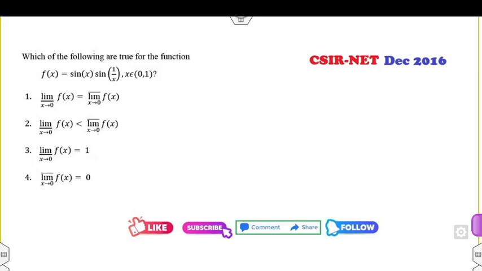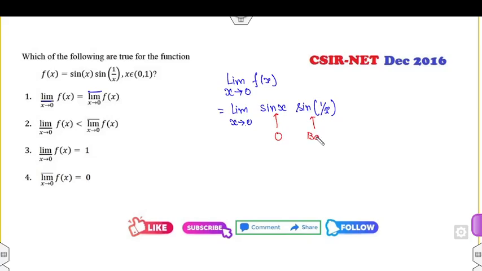Now look at this another one. Again, they are talking about the limits at x equal to 0. What is the meaning of this? Limit supremum and infimum. What is the limit of f(x)? Limit as x approaches 0 of sin x and sine of 1 over x. So clearly when x approaches 0, this part will be 0, and this part is bounded.